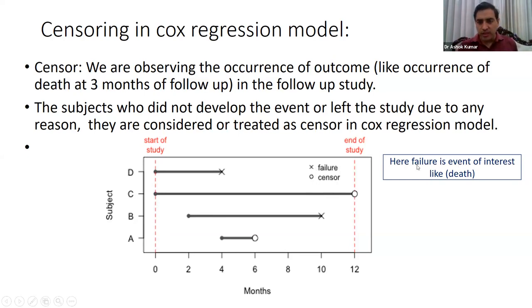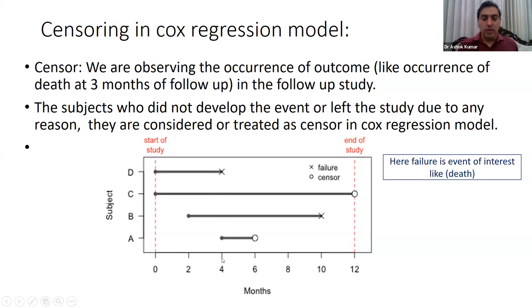What do you mean by failure? Failure is the event of interest, like death, complication, or any event of interest. So this subject D developed this event. It is a cross at 4 months.